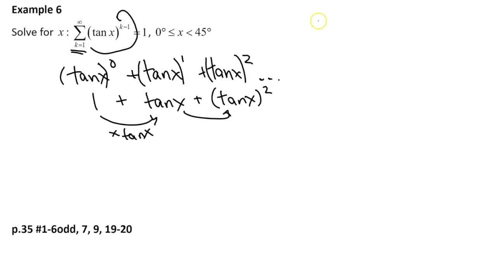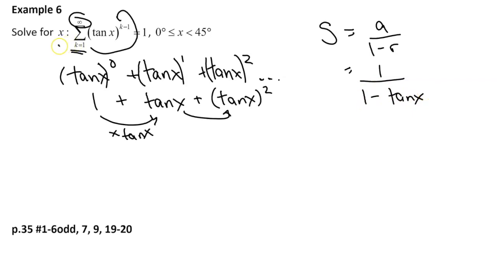And so based off of that, if you have an infinite number of terms, which they're saying we do, then we could say our first term is 1, and our common ratio is tan x. And they're saying when you do all of this, it's equal to the number 1. So in other words, this 1 over 1 minus tan x is going to be equal to 1. So from there, are we able to solve for tan x and look at all answers for x between 0 and 45 degrees?